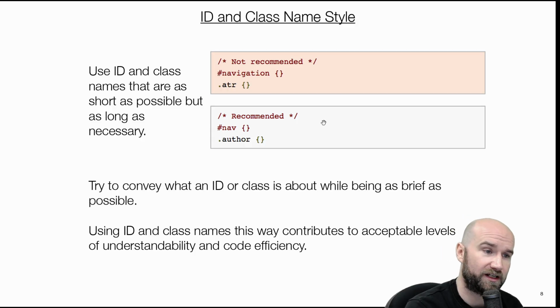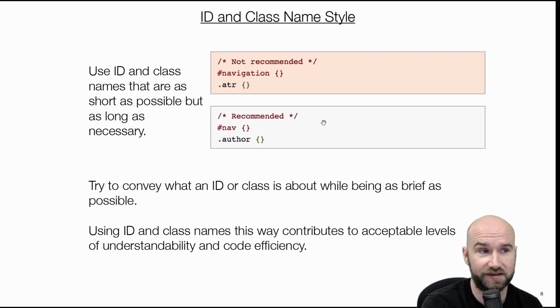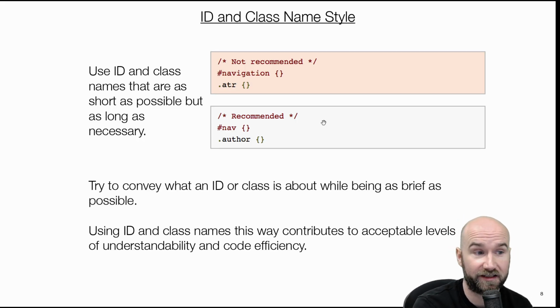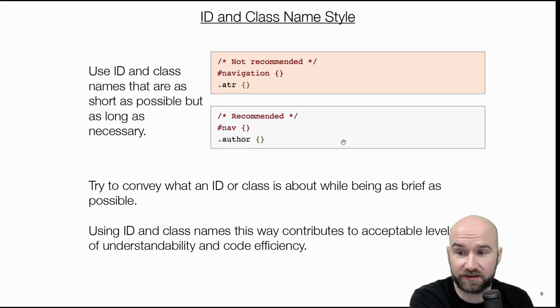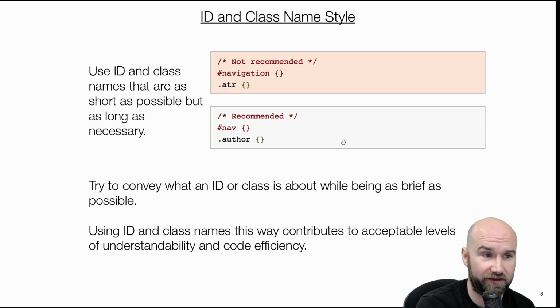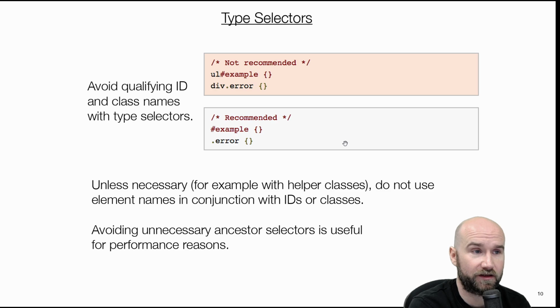Really, you want to take a step back and think, does this ID or class name convey a meaning that would be generally understood? But of course, across language divides or culture divides or societal divides, something being reduced to a might not make sense to other people.